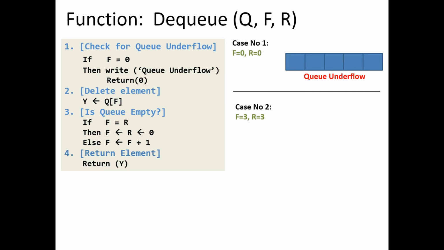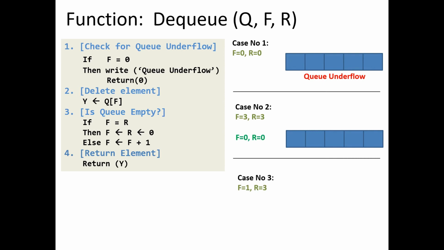That means front and rear both are pointed at position 3. Now we can delete the element from front. So here 50 is deleted. So front and rear both become 0 because there is only one element which we have deleted.